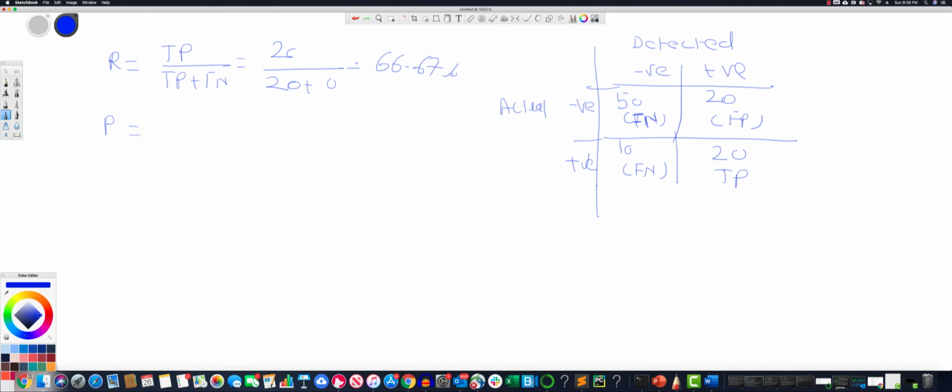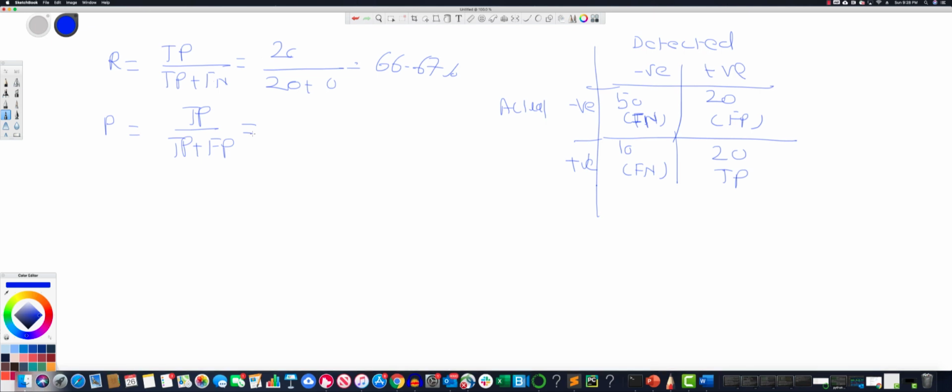Then the other metric is called precision. Precision is a ratio of true positive divided by true positive plus false positive, and it indicates what percentage of predicted positives that we have are actually infected with the virus.